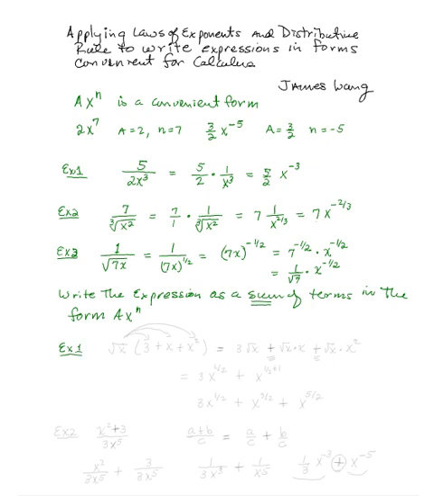First example, suppose we have the square root of x times the quantity 3 plus x squared, and we want to write that as a sum of terms. Well, you might say, well, I see a sum of terms, 3 plus x squared. It is a sum of terms, but it's multiplied by something. And we just want to have a sum of terms, each term being in the ax to the n form.